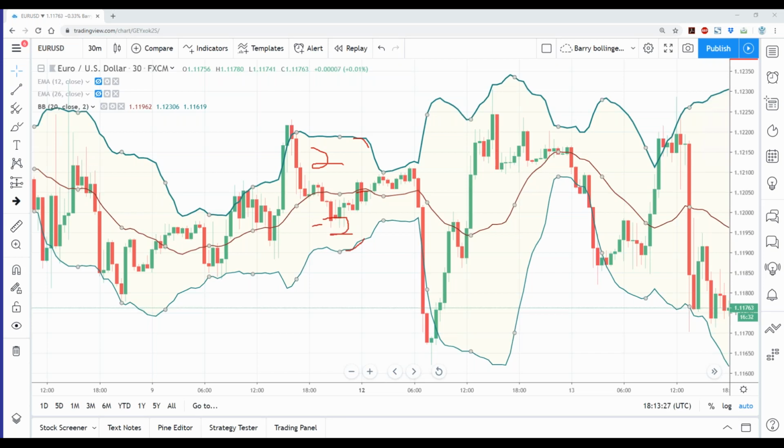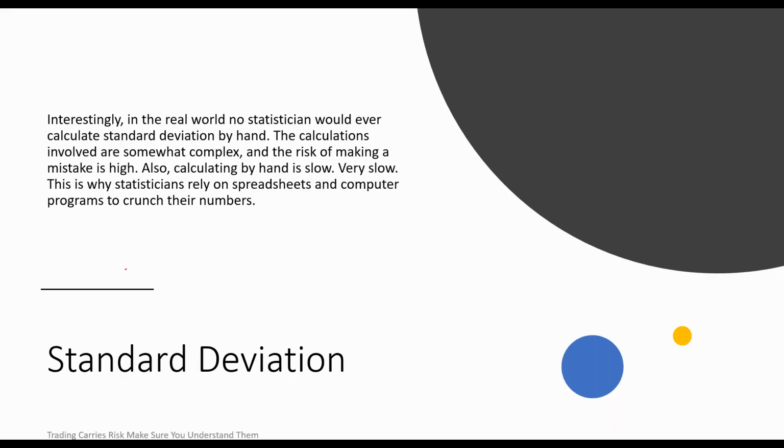So let's talk about what this thing is that we call standard deviation, because you don't have to calculate it, but you have to kind of understand what it is, because that's the only way you're ever going to notice if there are false signals or problems with the market. Hold on, let me get my slide up here for you. There we go. Now, interesting, in the real world, no statistician would ever calculate standard deviation by hand.